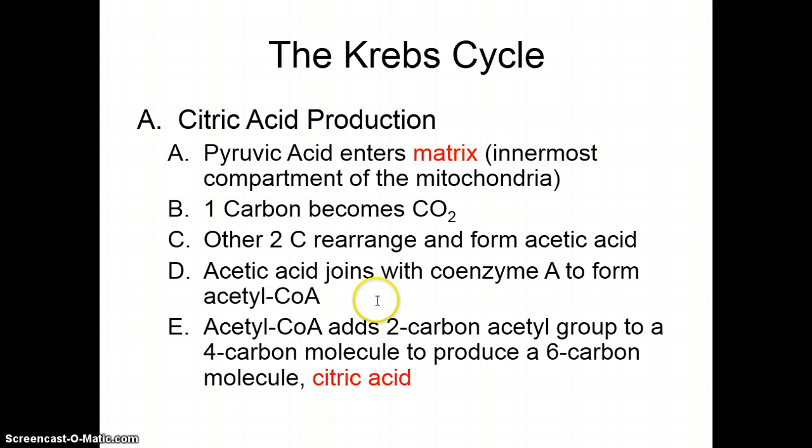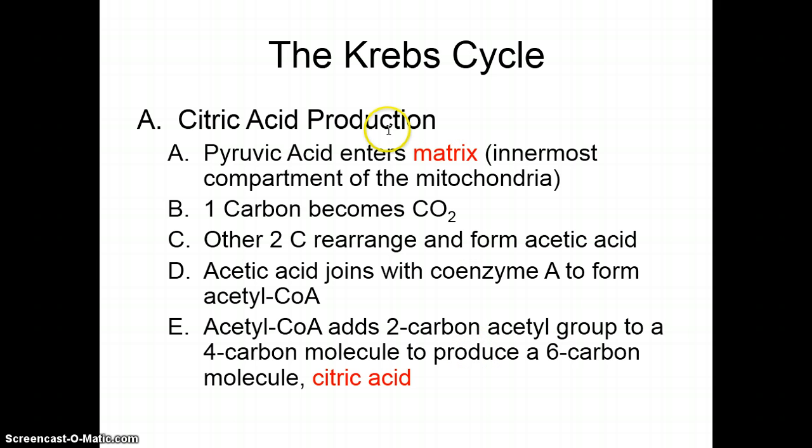And acetic acid will then form with coenzyme A to form acetyl-CoA. And the acetyl-CoA will add 2 carbons to a 4-carbon molecule to produce a 6-carbon molecule, citric acid.